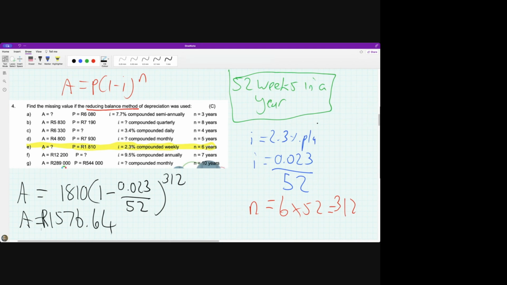Awesome. Okay, you guys have done this one. Now for a sneaky one. Let's do B. Now, what's different about B is it's asking for the depreciation rate. It's a little bit sneaky, but I want you to think about what should go where.